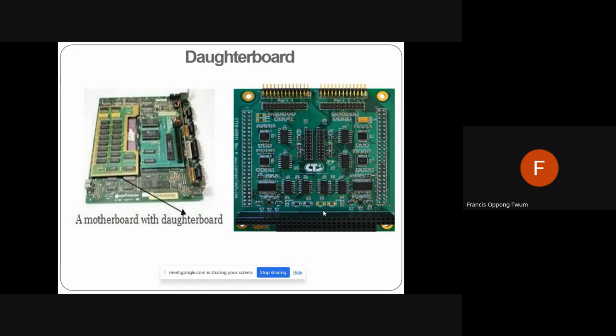That TV tuner card also has a board that you install on the motherboard. When you install the TV tuner card on the motherboard, the card will act as the daughter board to the main motherboard. But the daughter board is not always in the system unit.